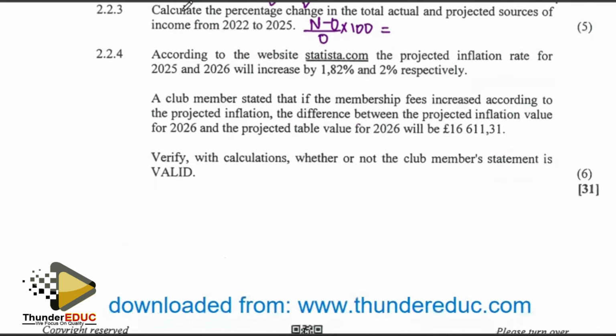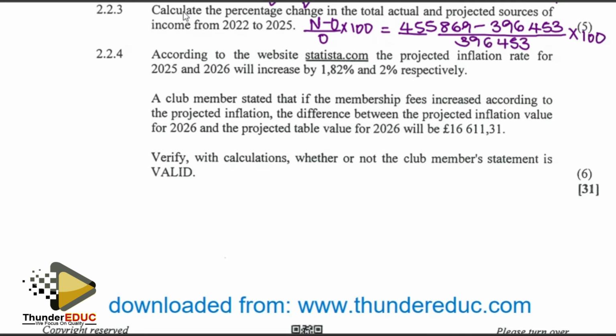We are going to look at those values there, and the new one is 455,869 minus 396,453, divided by 396,453, times 100.